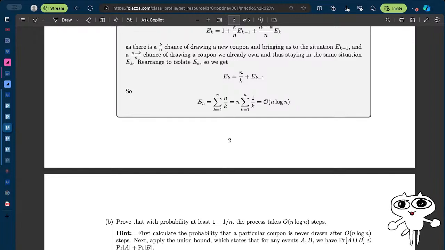If I repeat this t times, then it's just 1 minus 1 by n to the power t, right? Now I'm saying that my time steps are some c n log n, right? So 1 minus 1 by n to the power c n log n. This is the amount of time.